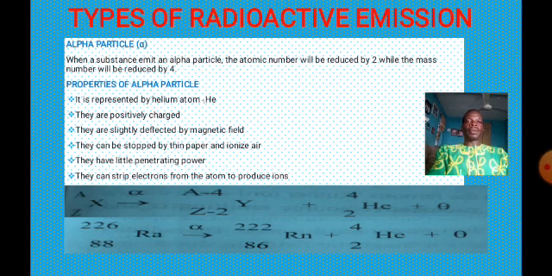And three, they are slightly deflected by magnetic field. They can be stopped by thin paper and ionized air. They have little penetrating power, and they can strip electrons from the atom to produce ions.